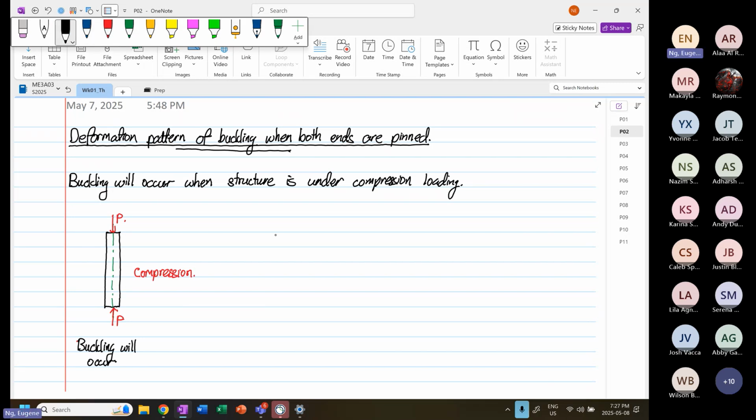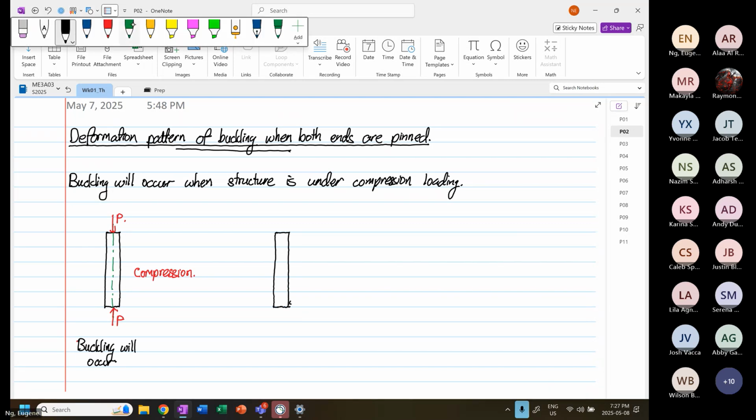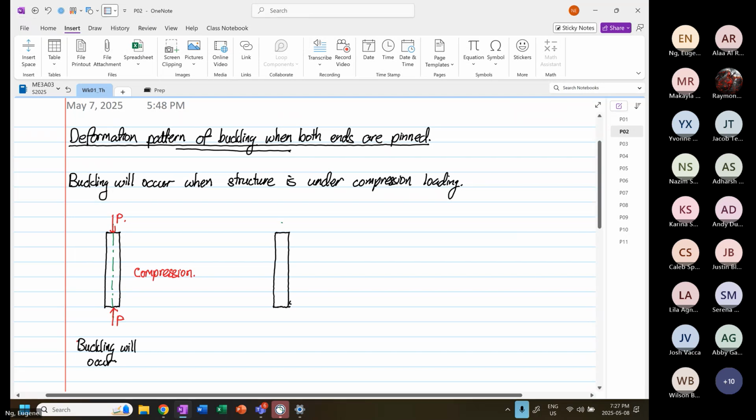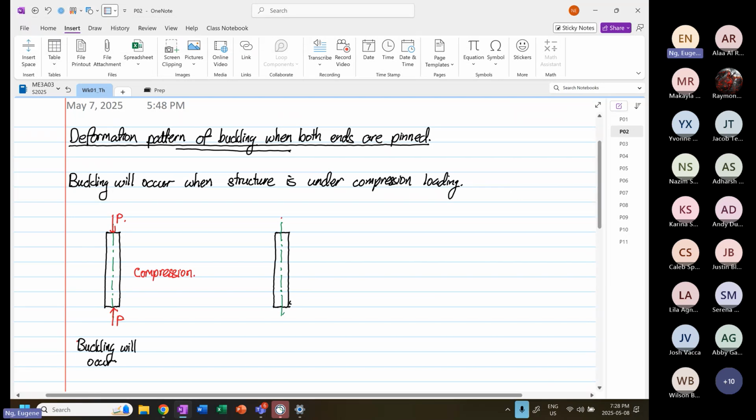And if we have a structure that looks like this, and then you have a load, now the load is pulling in tension, pulling away from the structure. This is what we call tensile.